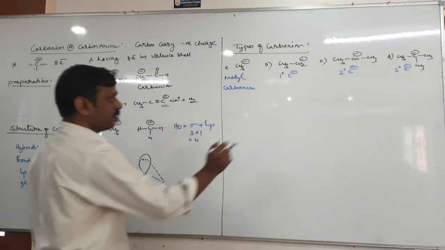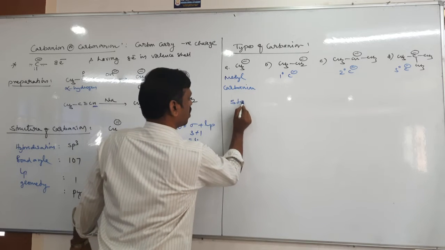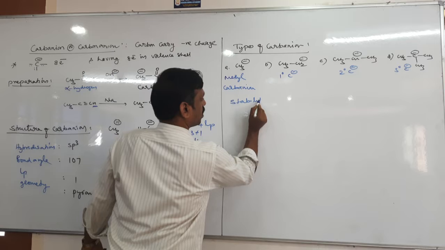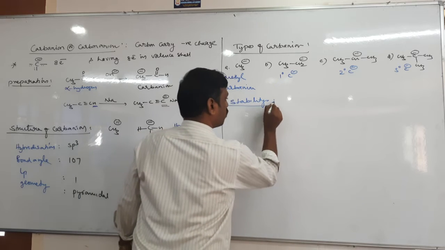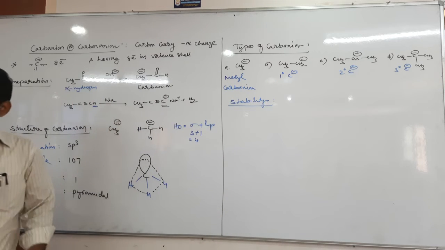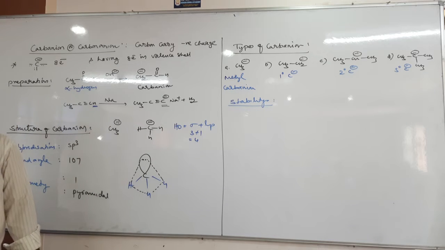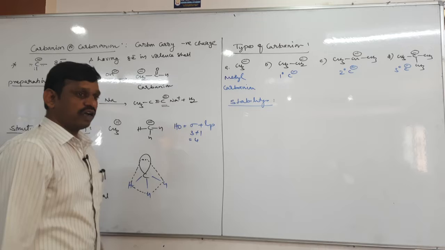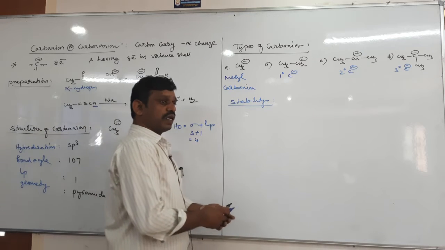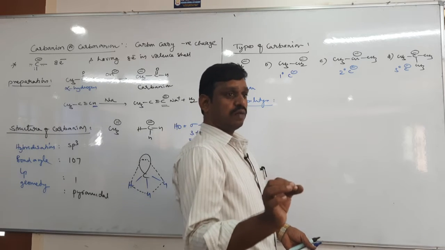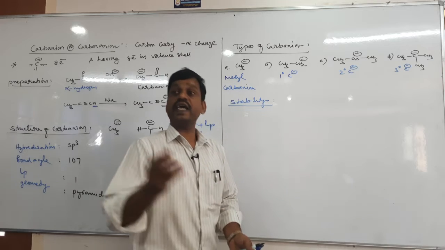Okay, then stability. So what is the stability of carbanion? The whole topic depends only on stability, and that is the most important. Even in carbocation, the majority of questions come on stability only. So similarly, stability of carbanion. Can you tell me, carbanions are unstable because of what? Negative charge.